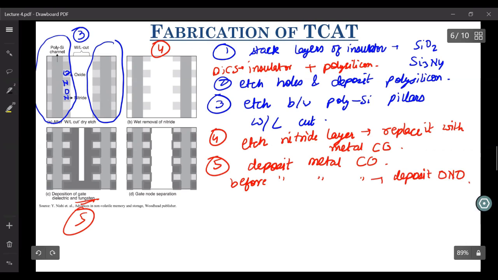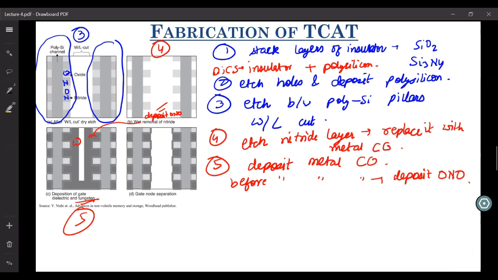Because this ONO layer is very essential. That is where the entire operation is taking place. So immediately after this etching of nitride, they deposit ONO. And then after this, they deposit metal, like tungsten.